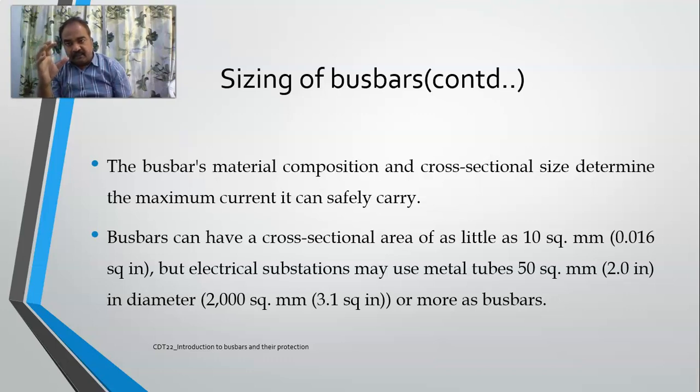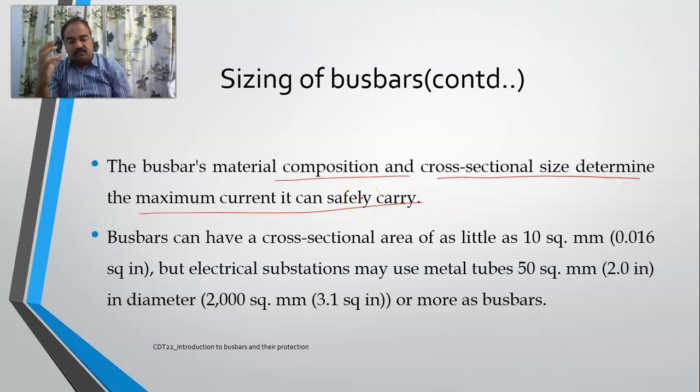So coming to sizing of the bus bars. The material composition, whether it is copper or aluminum or brass, and the size and thickness depend upon the application. Based upon that thickness, the maximum current allowed through it will vary. So the bus bar's material composition and cross-sectional size determine the maximum current it can safely carry.